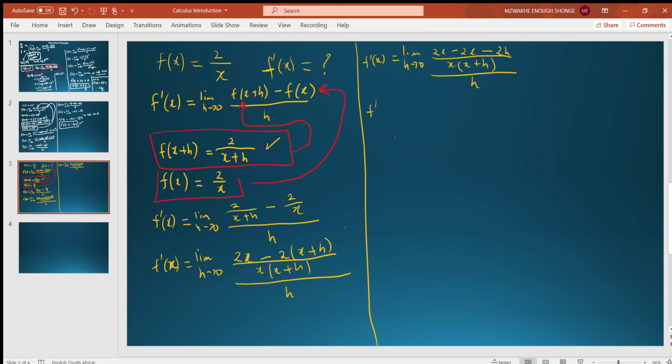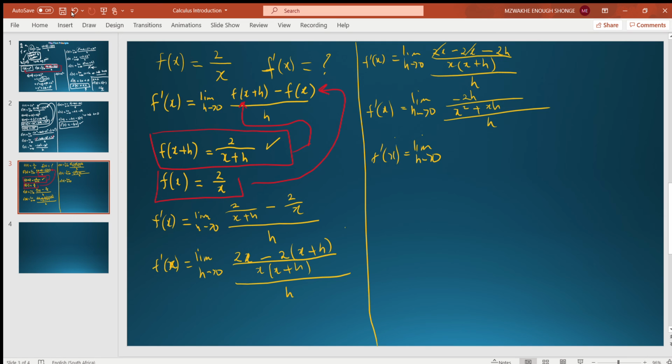Then f prime of x equals the limit as h tends to 0 of, this one cancels that one, 2x minus 2x, on top we will have minus 2h, all over, let's just multiply out, x squared plus xh, all over h.